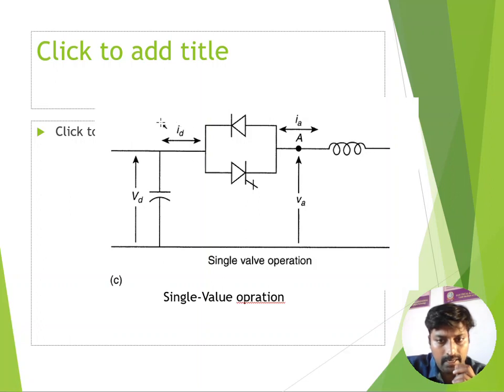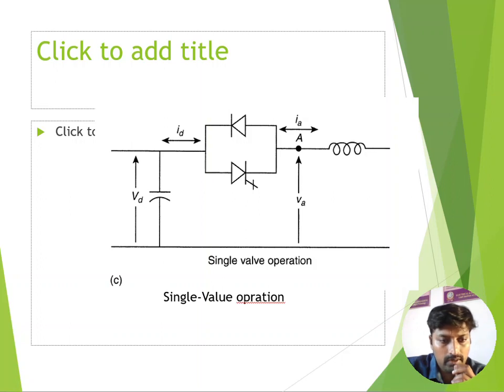That means the current can be transferred from DC to AC side as well as AC to DC side. You clearly observe that a single turn off device is connected with one diode in anti-parallel. So this is the basic arrangement, and through this the valve can be operated.